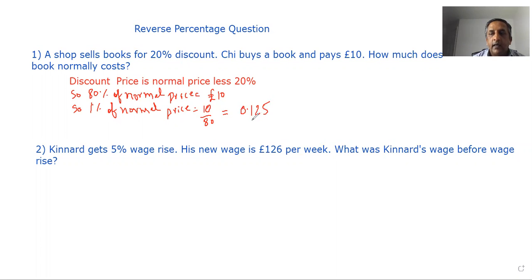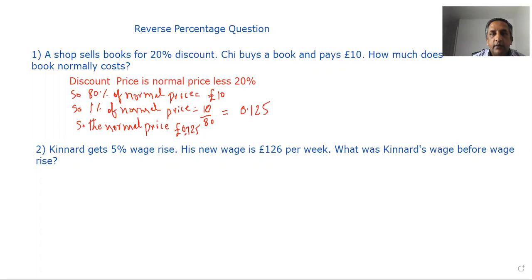We call it the multiplier. So in order to find the normal price, we write here the normal price. When we say normal price, it means the price before the discount. The normal price will be 0.125, remember this is 0 point 125.